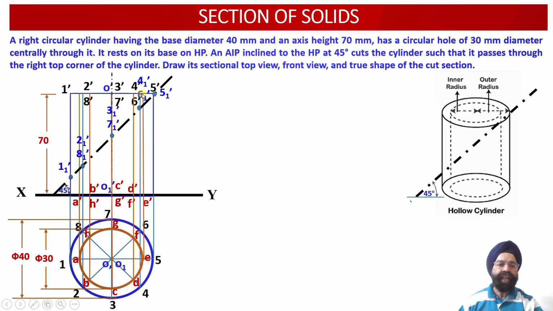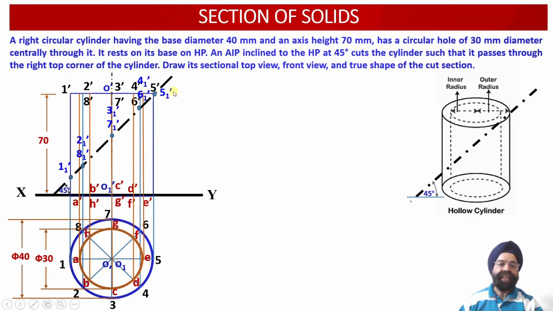Then we have got another 2 points 41 dash and 61 dash, which are available onto the outer circular portion corresponding to the vertical generators which are emerging from 4 dash and 6 dash over here, and corresponding to the outer generator 5 dash.